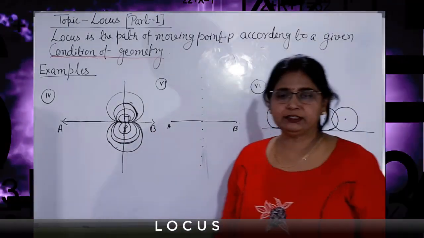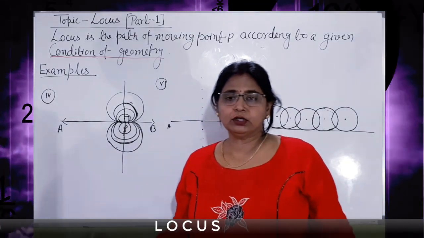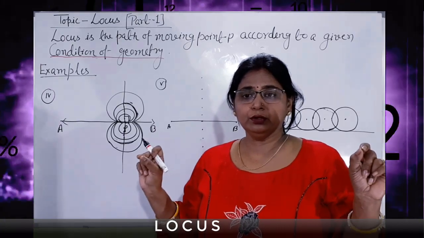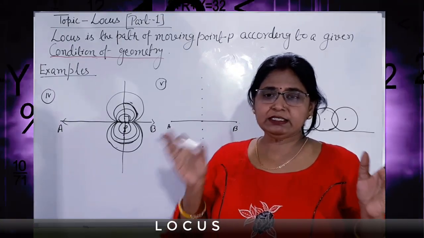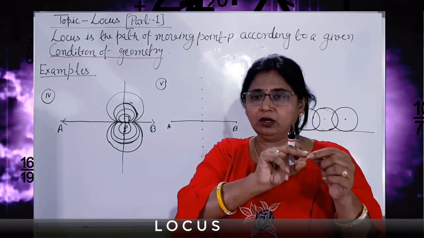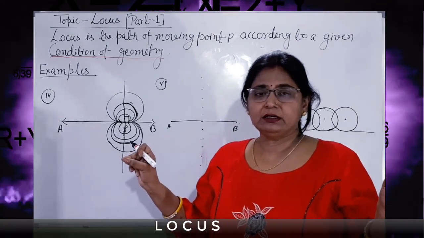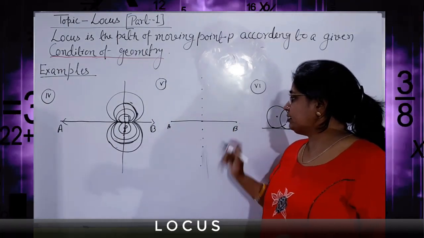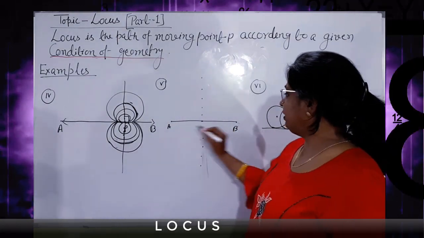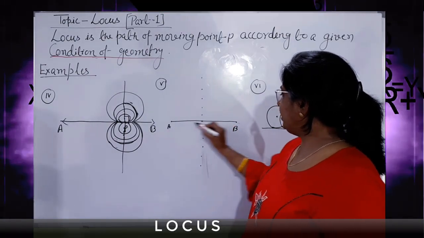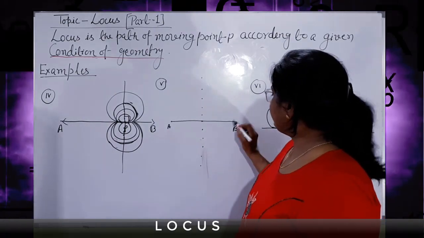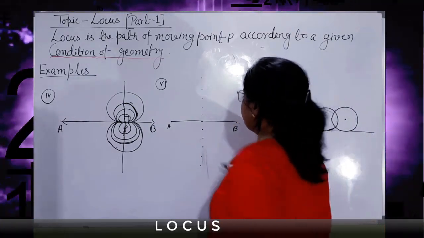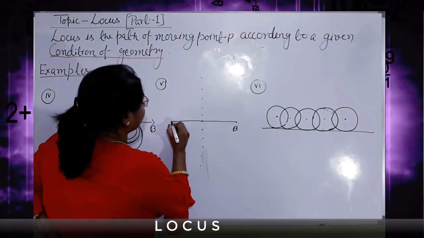Now the fifth example: the locus of a point which is equidistant from two fixed points is the perpendicular bisector of the line joining both points A and B. Suppose two points are given, A and B, joined as a line segment. Then consider the locus of all the points which are equidistant from both points.